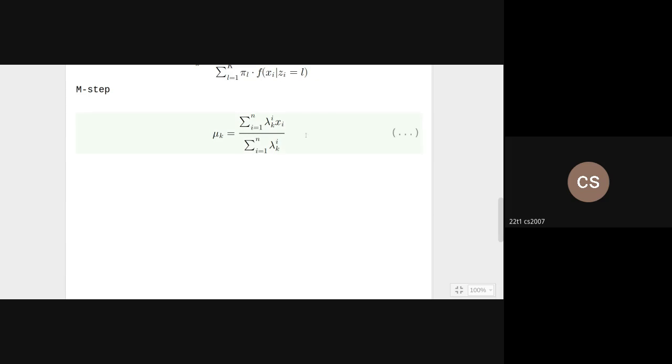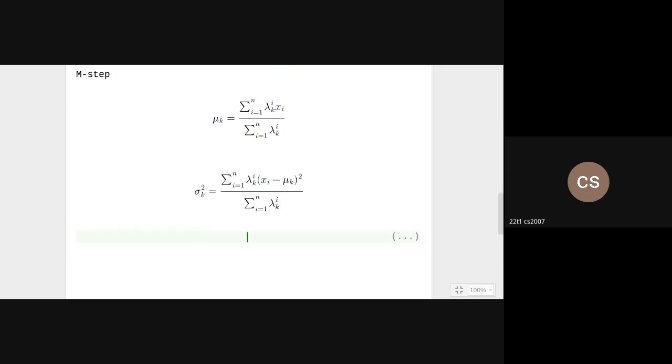Now, likewise, you can very simply change this to sigma k square. A simple change of formula. Again, weighted mean of all the data points, but instead of mean, it's the variance. That's the only change.